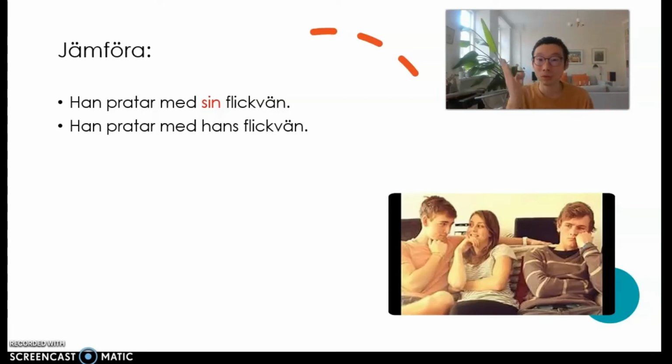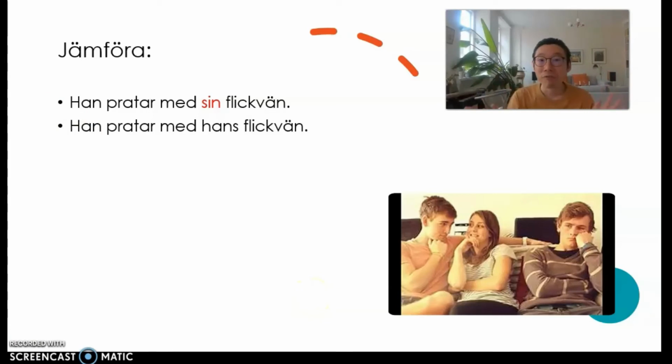So it means that in Swedish, you always need to be clear about the relationships between the object and subject by using this set of reflexive possessive pronouns.